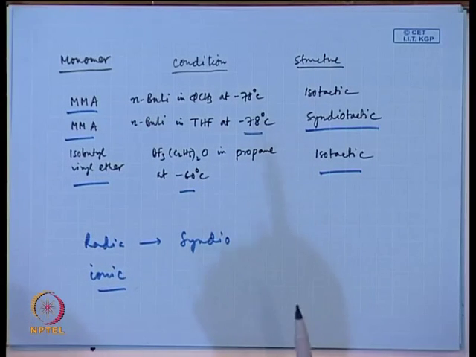And if we do the reaction in conditions so that the counter ion is strongly bound with the active chain end, that is, in a non-polar medium at lower temperature and with a small counter ion, then there is a possibility of strong coordination between the monomer, the active chain end and the counter ion.